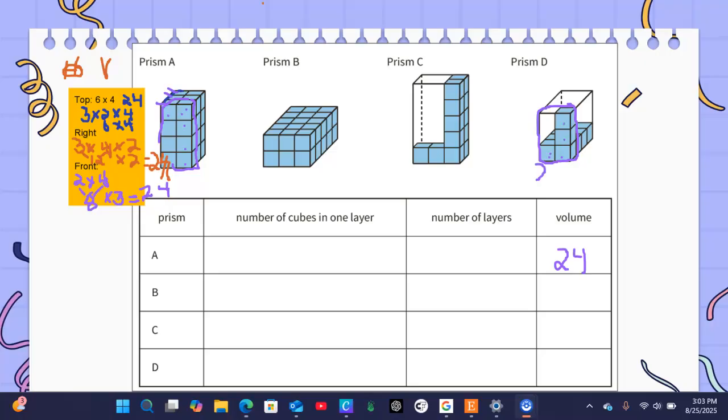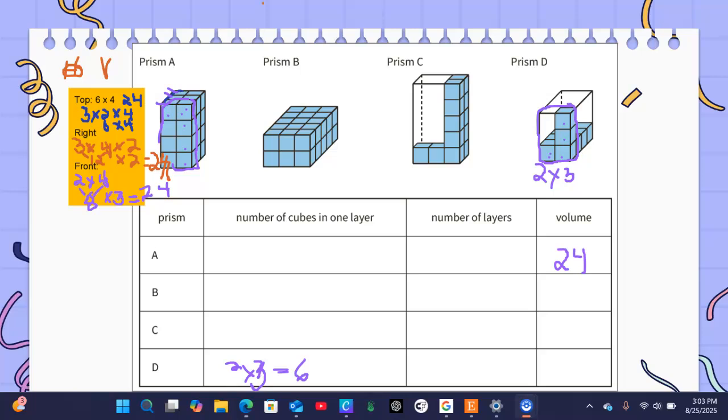So that would be 2 times 3. I'll go ahead and write that in this spot. So 2 times 3, which would equal 6. So when it says number of cubes in one layer, that front layer has 6.